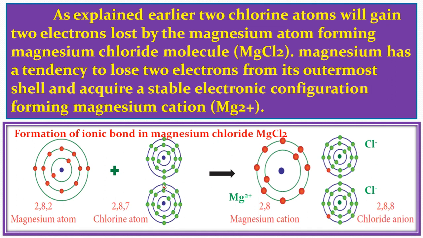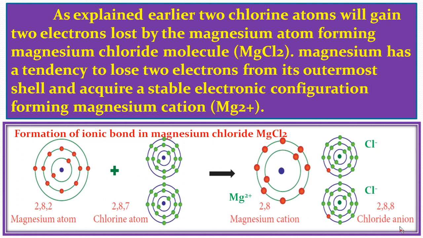Can you understand? Now come to the magnesium cation. Magnesium loses 2 electrons to form Mg2 plus, the magnesium cation. And each chlorine atom gains 1 electron to form Cl minus, Cl minus. So, here the configuration is 2, 8, 8.